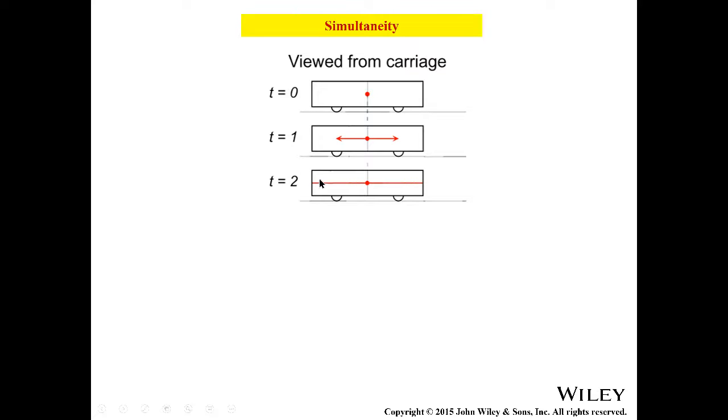And then the clock will go ding when the ball hits, and the clock there will go ding when the ball hits. But since both came from the middle with the same speed, one forward, one backward, you say this event and that event are simultaneous. That's simultaneity, as viewed from the train.